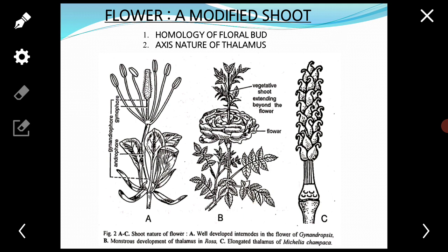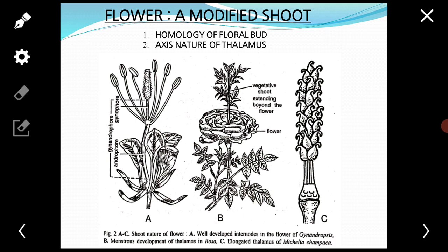According to this view, the flower is homologous to the vegetative shoot, and the lateral appendages of the flower, meaning sepals, petals, stamens, and carpels, are morphologically equivalent to the foliage leaves.